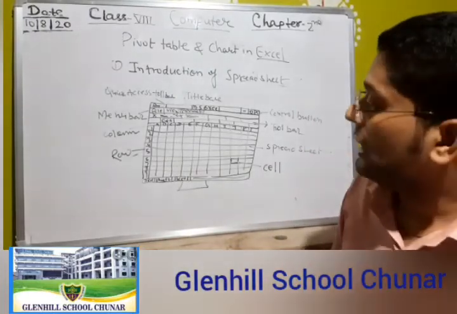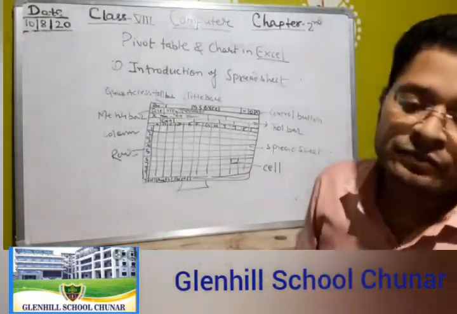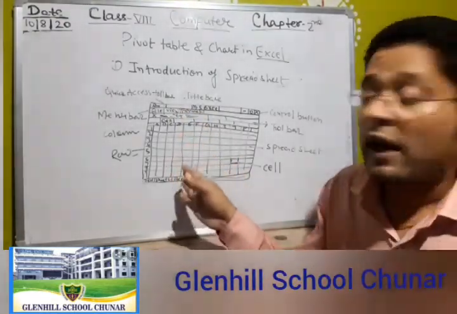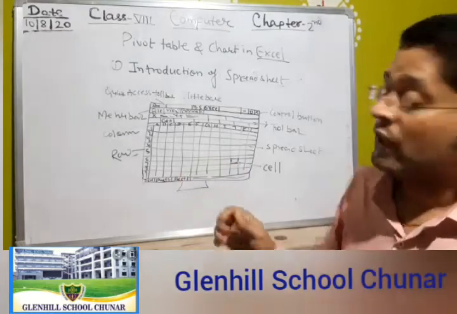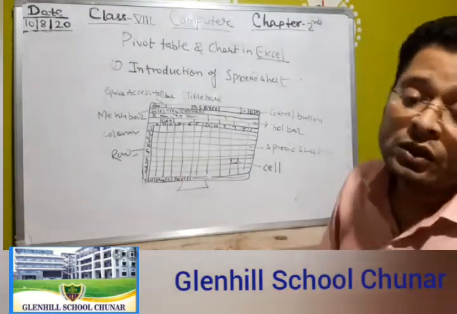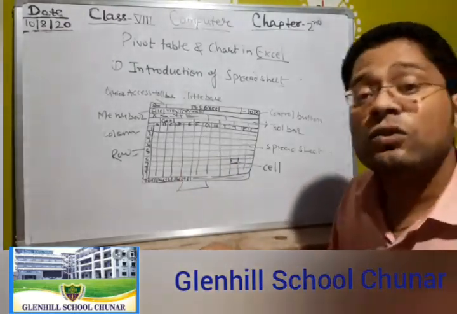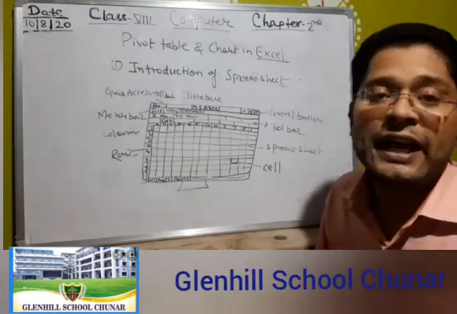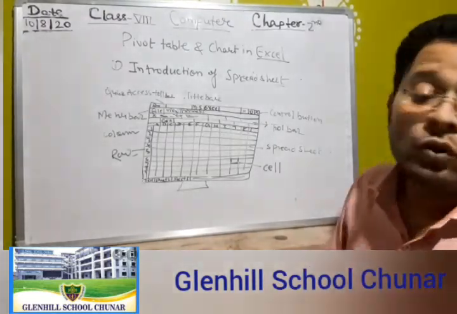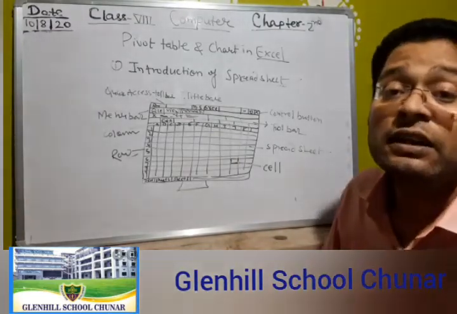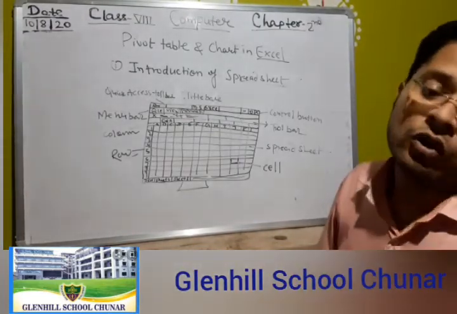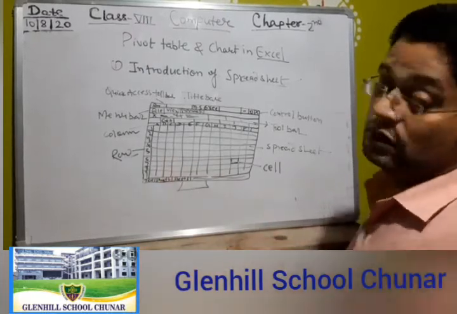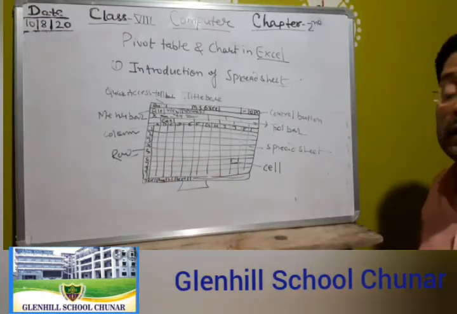Data is organized vertically in columns and horizontally in rows on each worksheet. Each worksheet usually can have more than 1600 columns and 1 million rows.